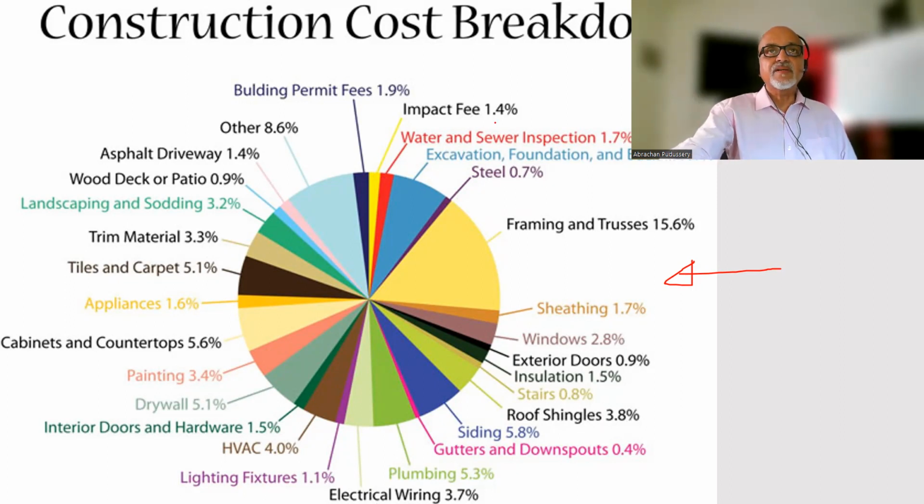This is for a construction project. Maybe framing and trusses, 15.6%. Sheathing, that is 1.7%. Windows, 2.8%.